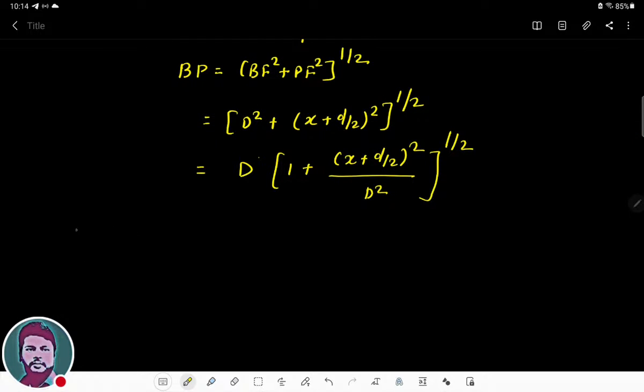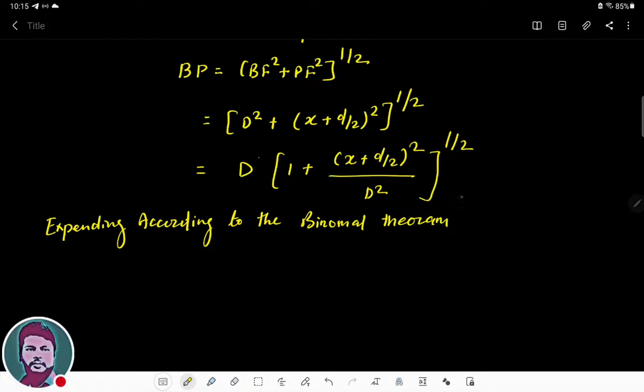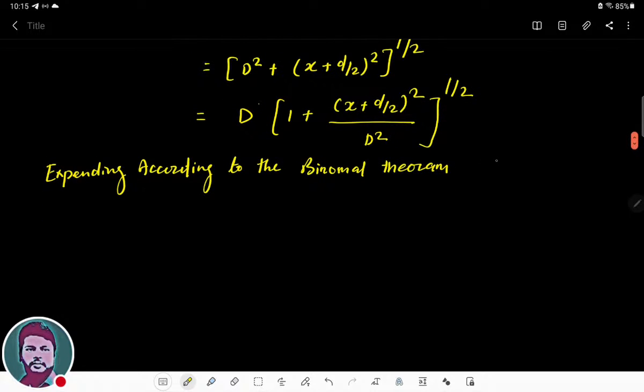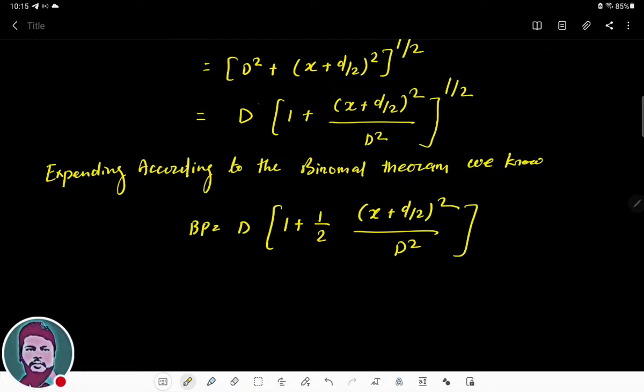Expanding according to the binomial theorem, we know that BP is equal to d times 1 plus 1 by 2 times x plus d by 2 whole square upon d square. Let's assume this is equation 1.